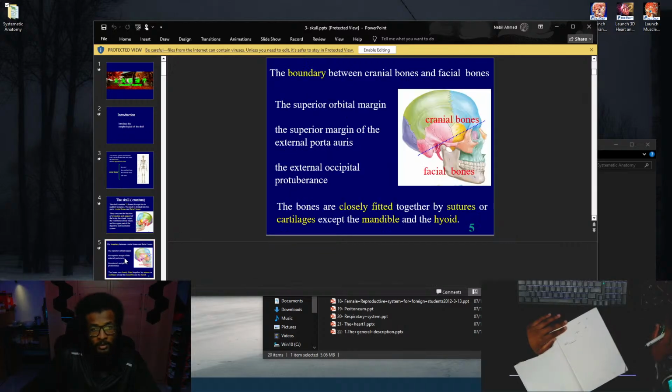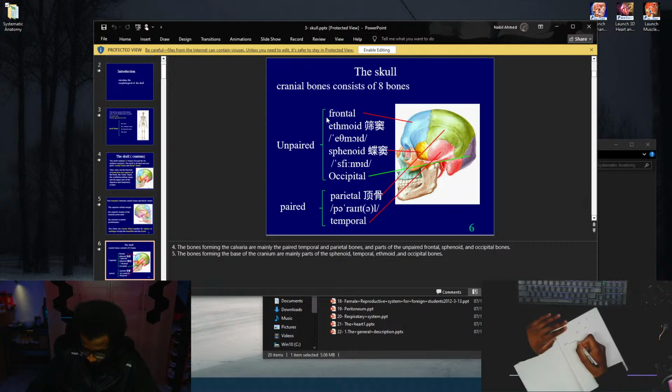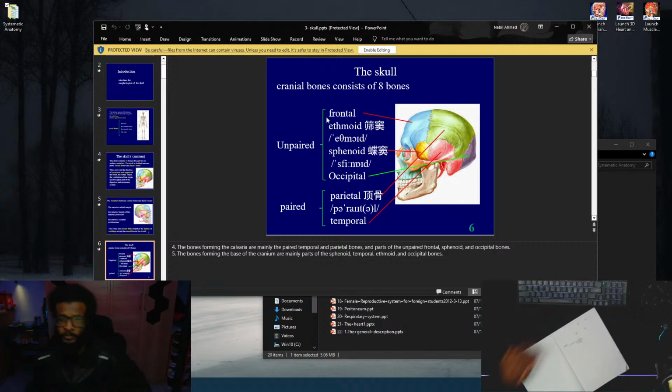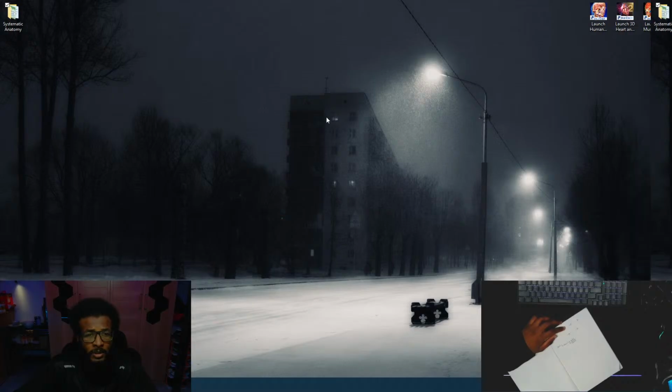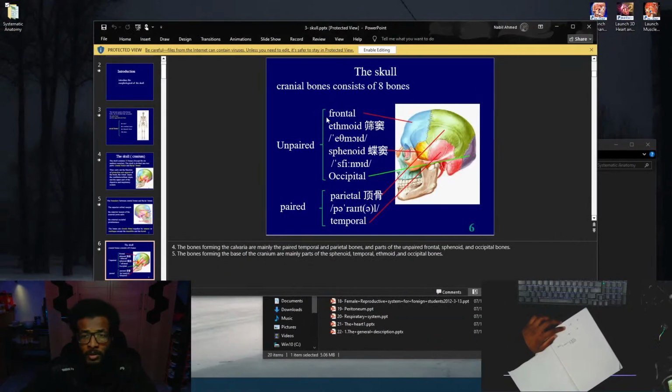The cranial are frontal, sphenoid, and then the occipital.